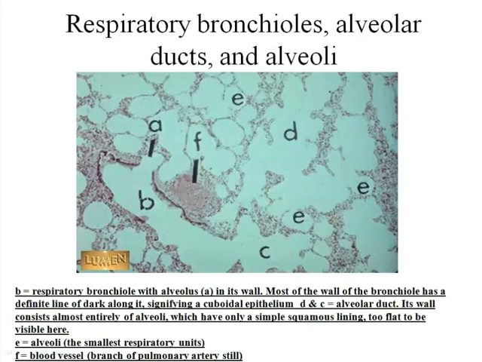Here in this photograph, you can see presence of respiratory bronchi, alveolar ducts, and alveoli.